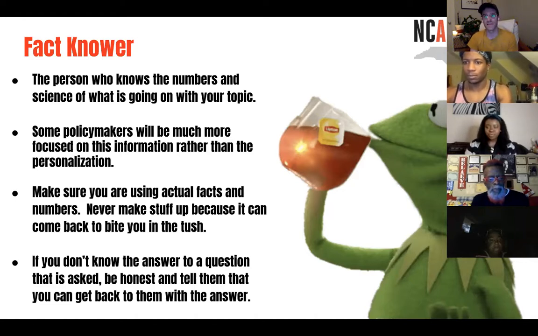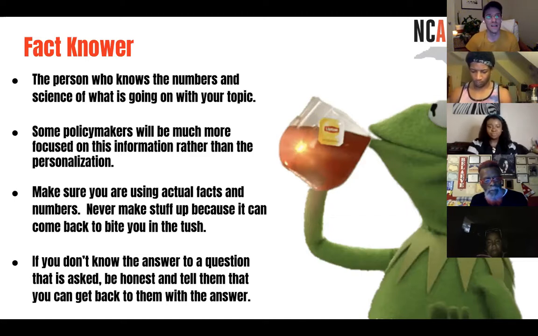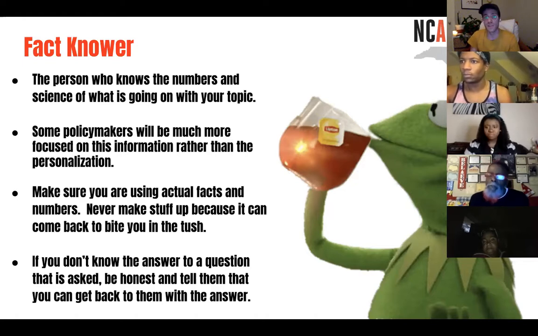Couldn't get it. And then this fact knower can come in. Did you know that in Wake County, this many people would benefit from PrEP, but this many people are currently on PrEP, and there's a huge disproportionate impact, yada, yada. So it's good to work hand in hand with the storyteller and to get the facts with them.